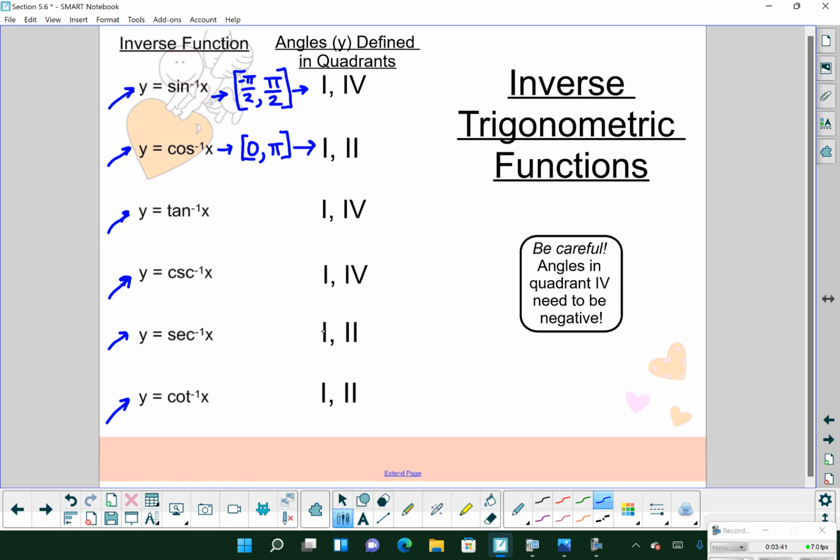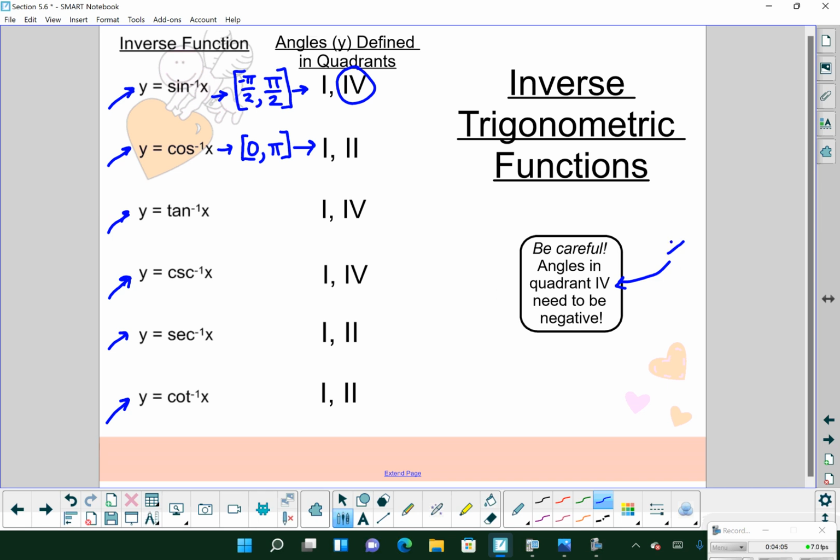Notice everything is restricted to quadrant 1 and one other quadrant, either 4 or 2. We will have no inverse functions defined for quadrant 3. And then because of the angles we're using, if something is defined in quadrant 4, like our sine function, we don't have a positive angle, we actually have a negative angle there, something between negative pi over 2 and 0.